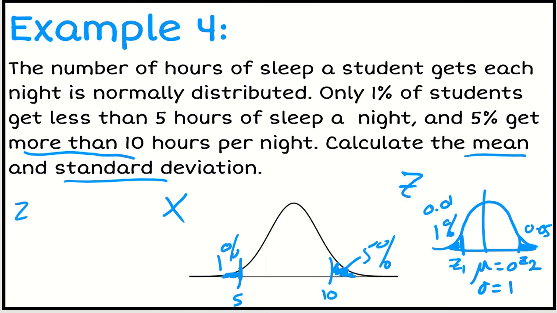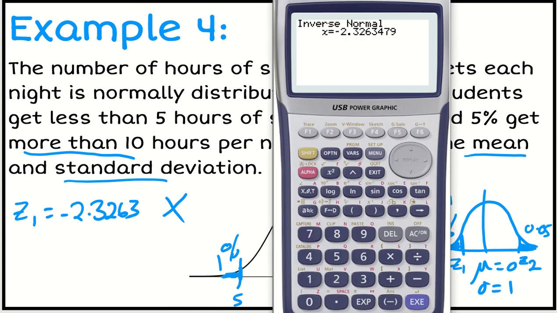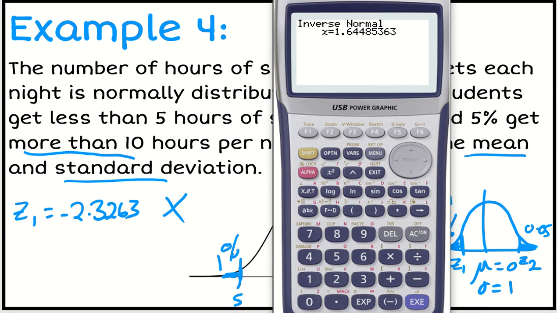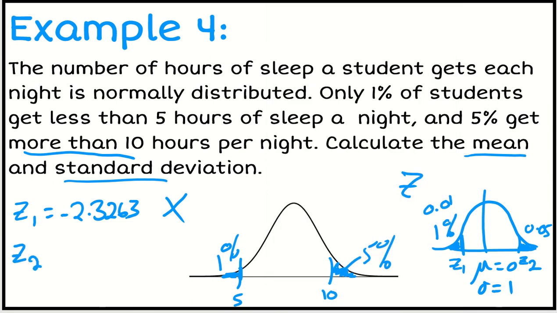Now I'm going to find my Z2 value. So now I'm going to do the right hand tail, and that has a probability of 0.05 or 5%, and that gives me a Z value there of 1.6445. So Z2 is 1.6445.